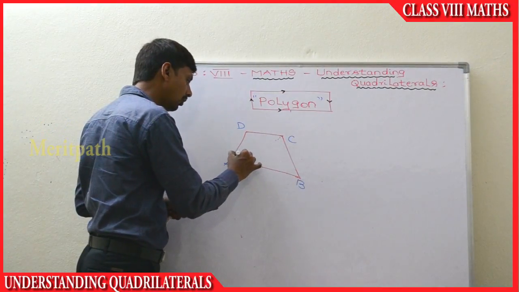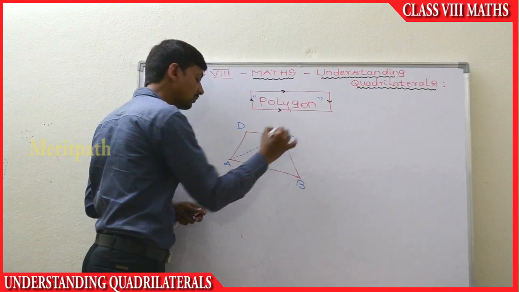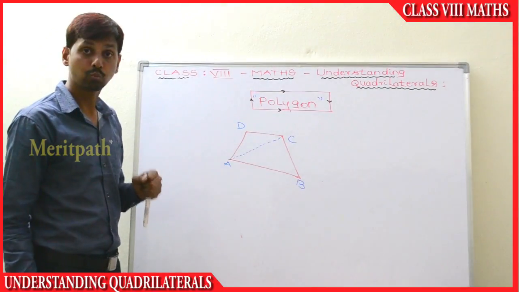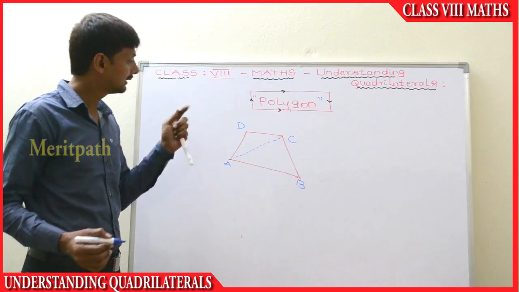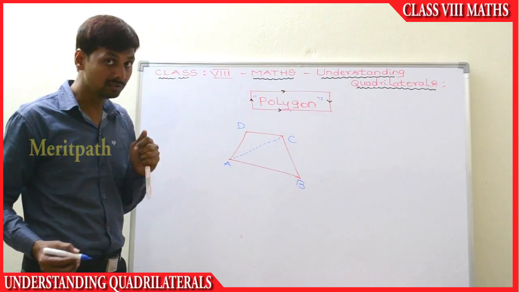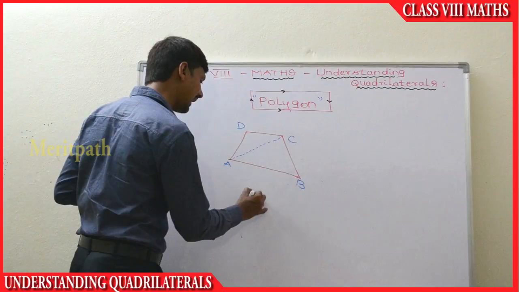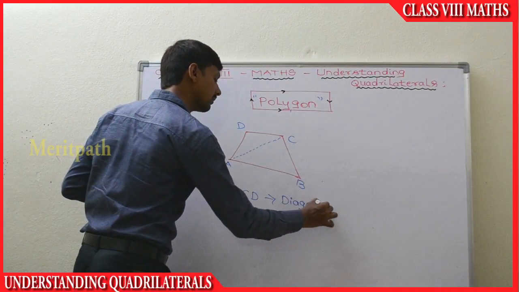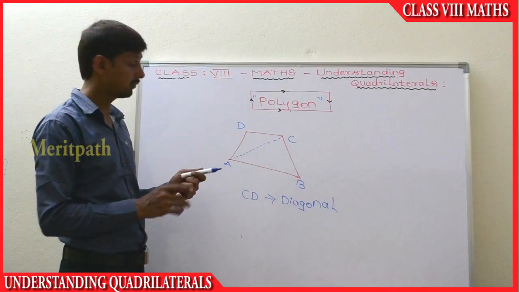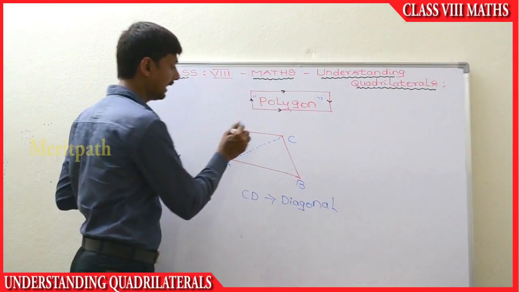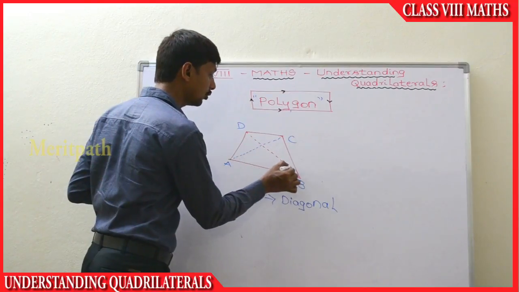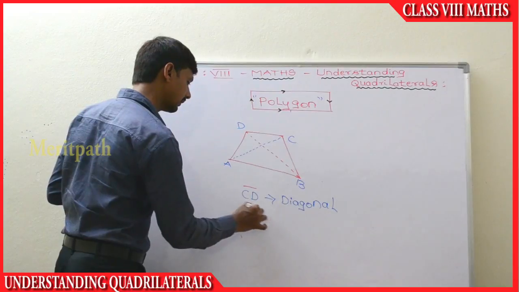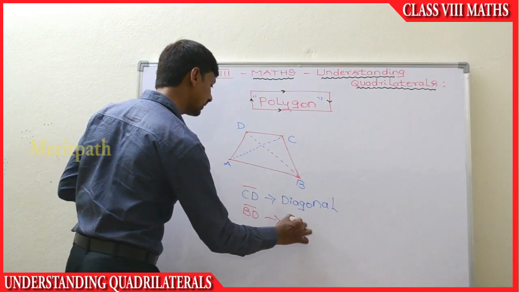If you join these non-consecutive vertices, the line segment that is formed is called a diagonal. So AC is a diagonal of the quadrilateral, and if you join the other two non-consecutive vertices, BD, this is also a diagonal.